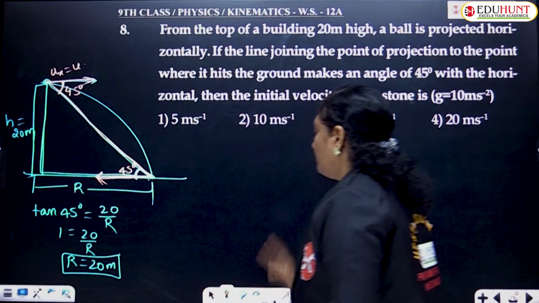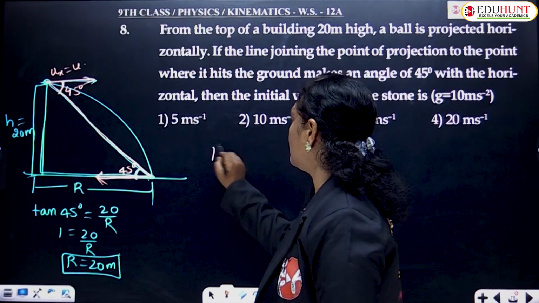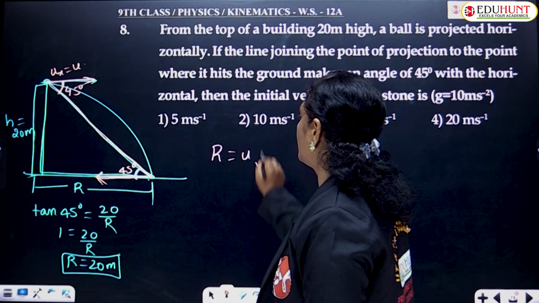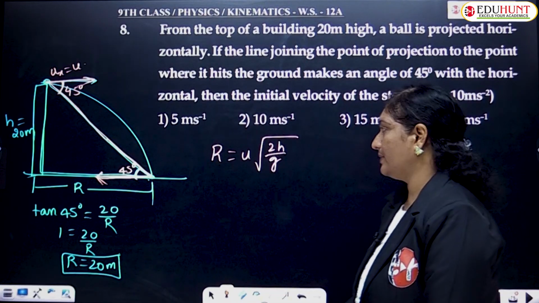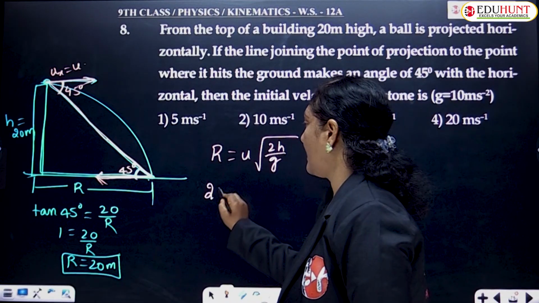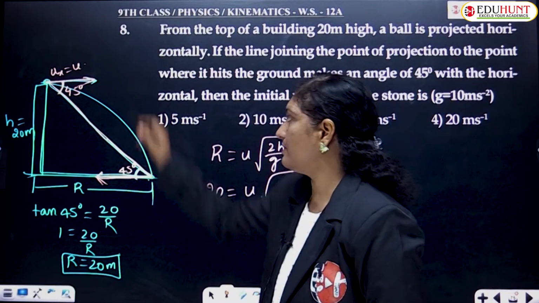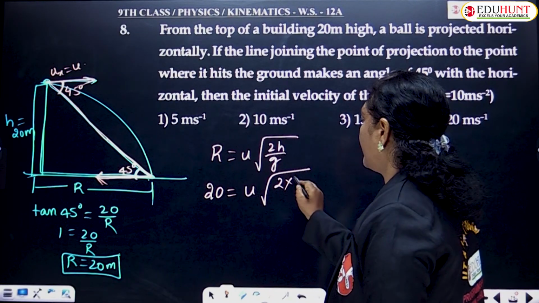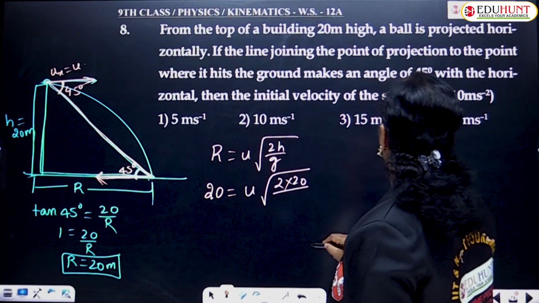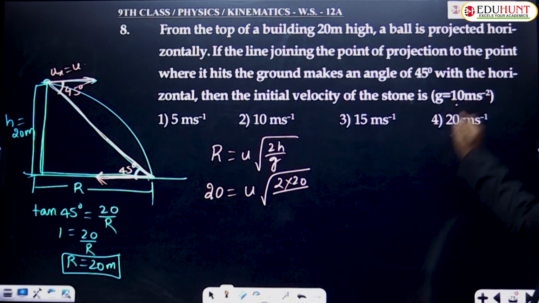So we know the formula for range as r is equal to u into root over 2h by g. Substituting the above values, we have 20 is equal to u into, where u is the initial velocity of projection, root over 2 times h, height is again 20, upon the value of g, you're asked to take it as 10 meter per second square.